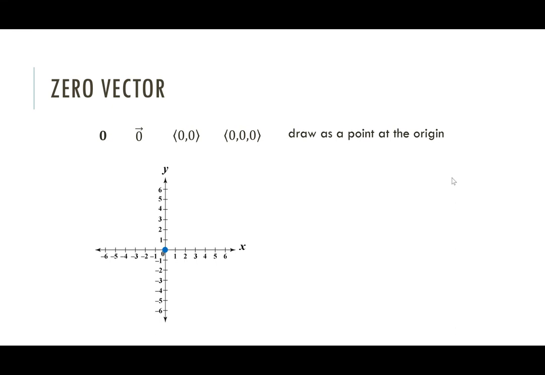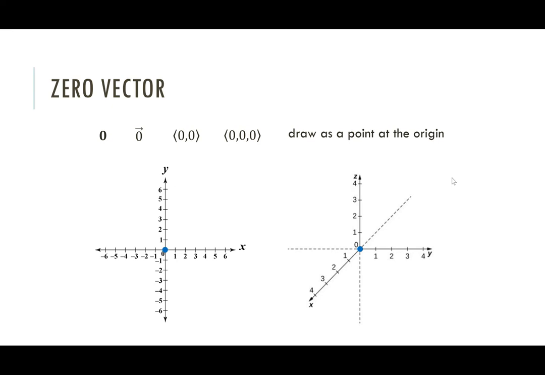All right, we've got a special vector called the 0 vector, and I just wanted to flag it and let you know you might see it written as just a bold 0, or a 0 with a vector over it, or if you're in 2 dimensions, between angle brackets 0, 0, and in 3 dimensions between angle brackets 0, 0, 0. And if you are drawing it, you would draw it as a point at the origin. So like that in 2D or like that in 3D.